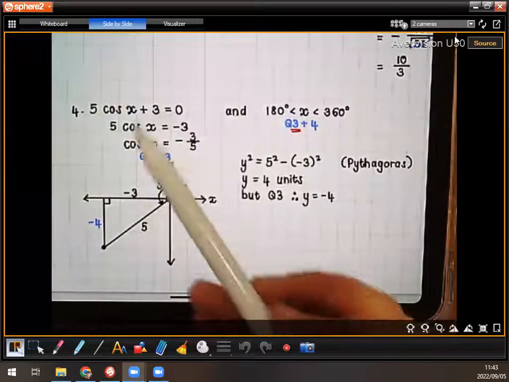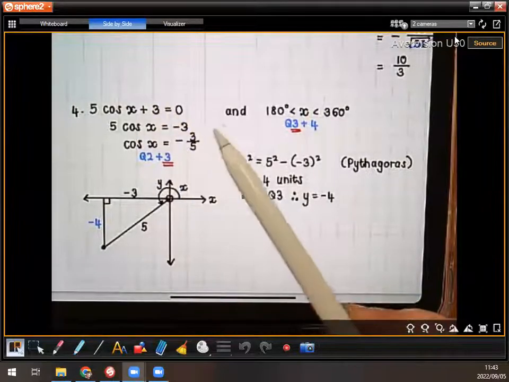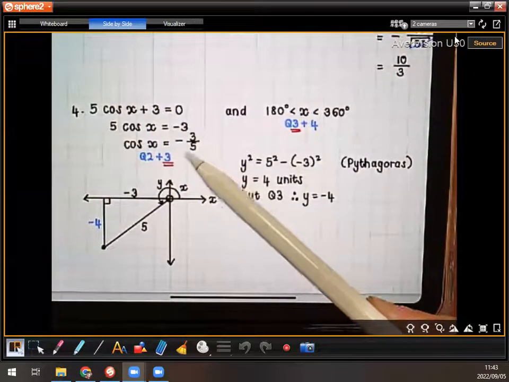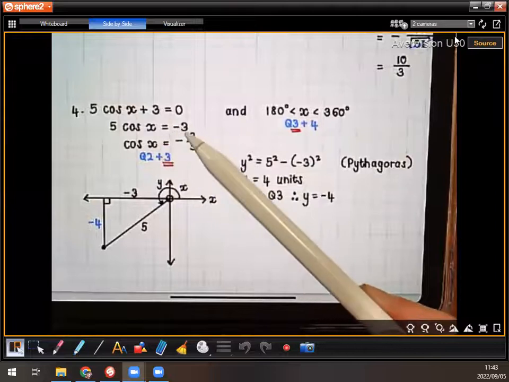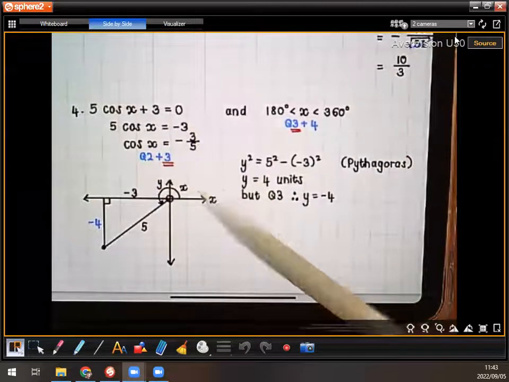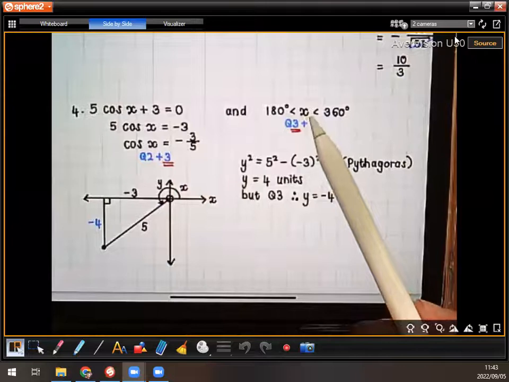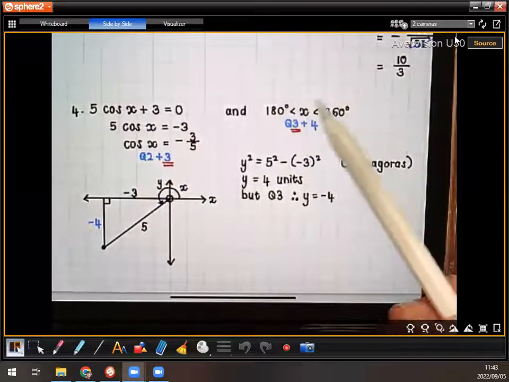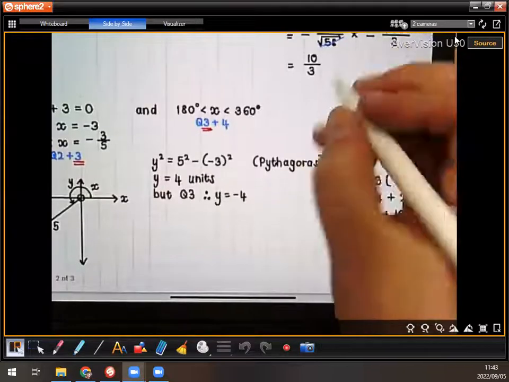So this is quite similar to the first one where you must first take the 3 over and remember to make it negative 3 and then you divide by 5. So now where cos is negative, and cos 2 and 3. And this, where they said, let me just check that I copied that correctly. Yes, x was to be between 180 and 360. So if you're looking at your Cartesian plane, right?